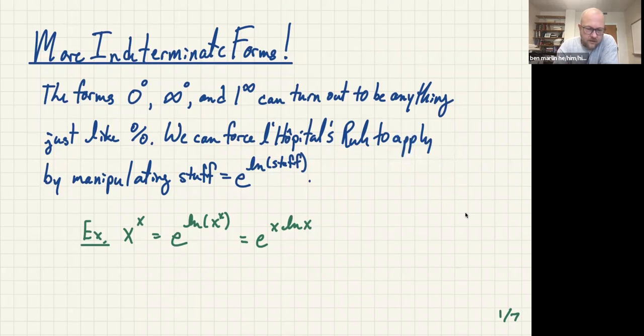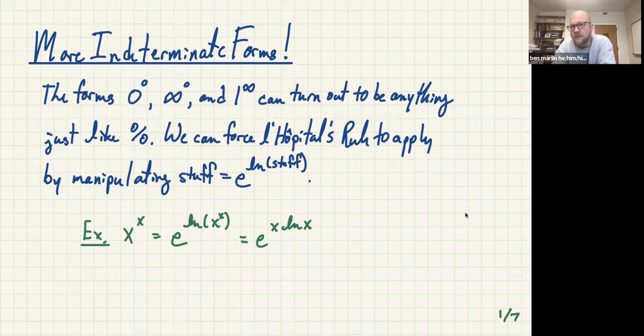Okay, so the easiest example to see is if you've got x to the x, that you can just rewrite that as e to the log of x to the x. And then your logarithm has a special rule that you can take a power and pull it out. So that becomes e to the x log x. Now, as x is going to 0, that becomes 0 times negative infinity.